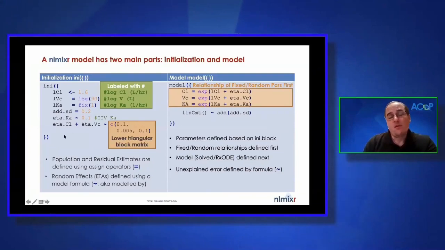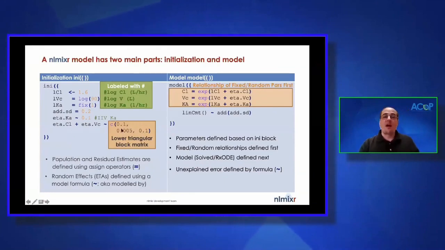If you have a full covariance that you're looking at, you can add two different ETAs together, or two different individual components together, and then use the tilde to say model by. Then we have this lower triangular block matrix specified in R with a c. So this would be your variability, this would be your covariance, and this would be your variability of your second component, your VC.